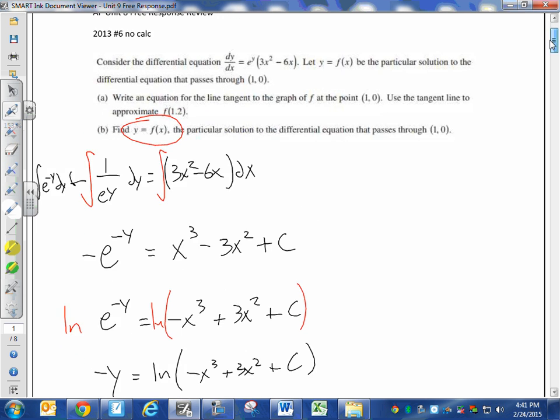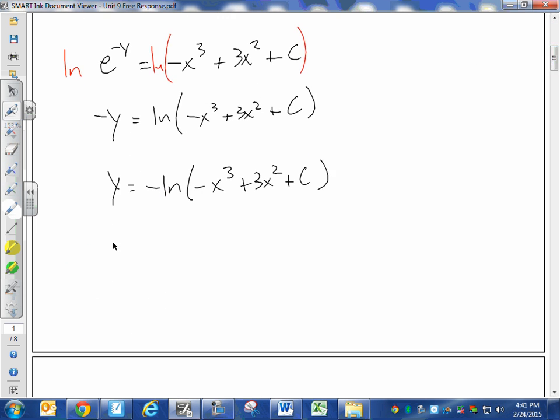I know it passes through the point (1, 0), so 1 is equal to negative log of 0. Sorry, opposite. This should be 0. This is 1. Okay, so I get 0 is equal to, I can get rid of the negative there, log of 2 plus c.